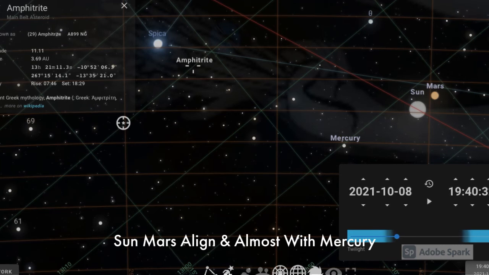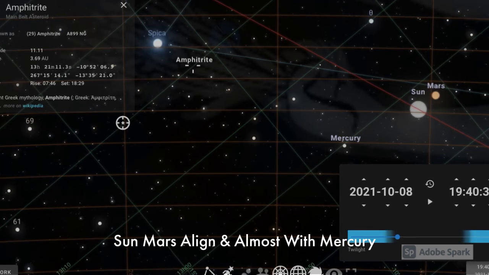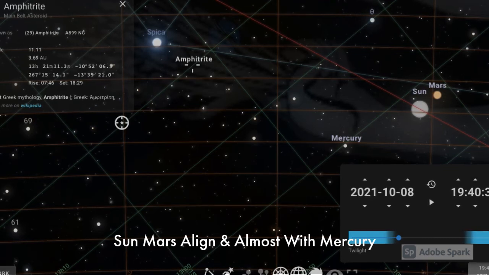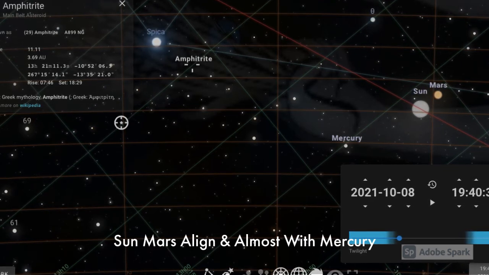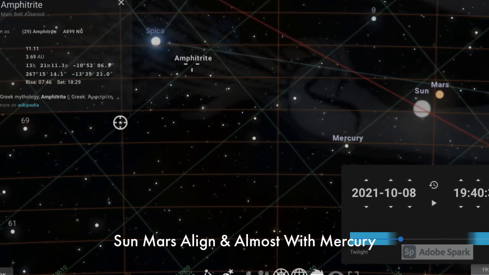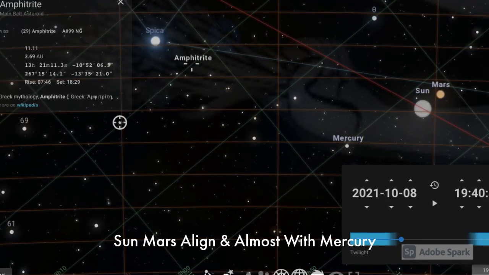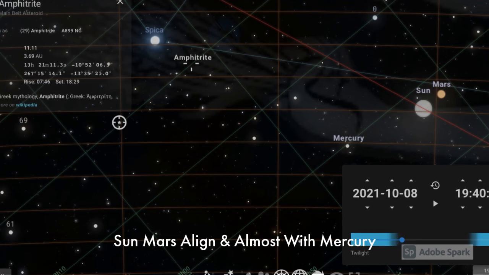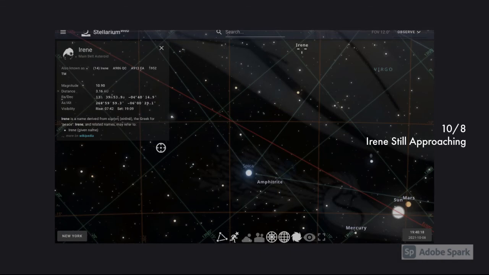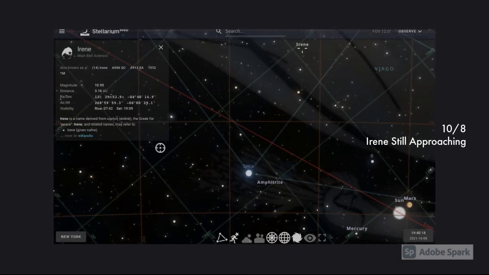October 8, Sun and Mars align together, with Mercury getting really close to Sun and Mars, and that's why I think the volcanoes and earthquakes will go crazy on the 8th. And Irene is still there, and then coming down really soon.